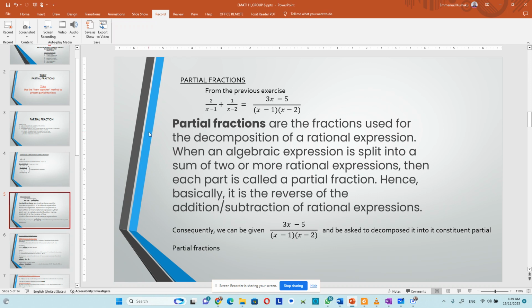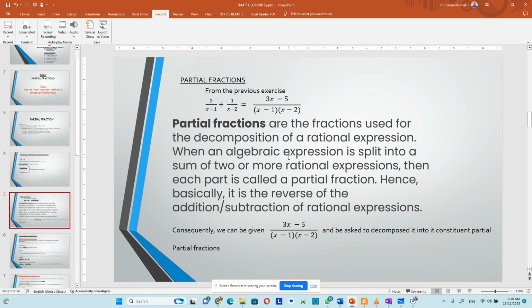Then we'll go to the next slide, the partial fraction itself. From the previous exercise, you know that when we add this fraction to this fraction, we get it. So partial fractions are the fractions used for the decomposition of rational expressions.